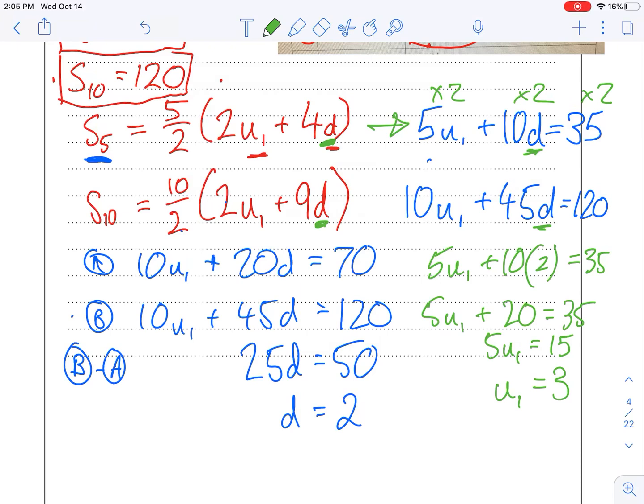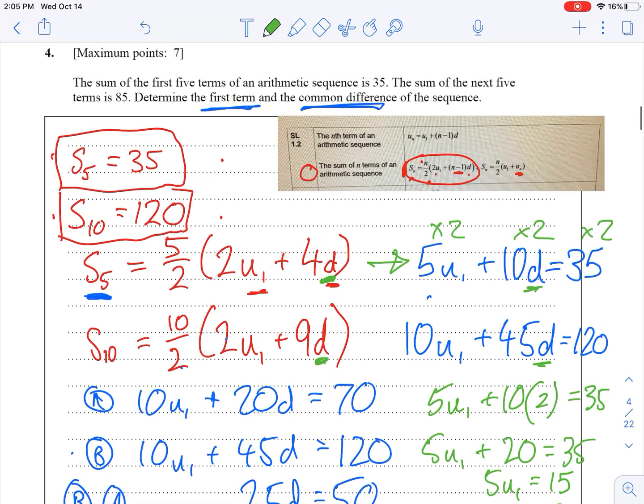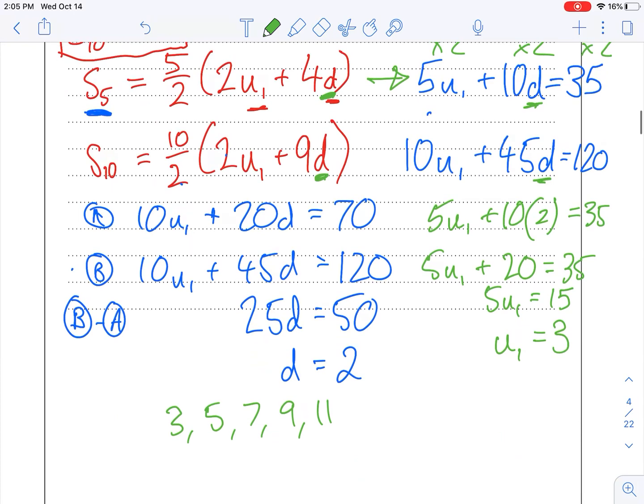And I suppose we could check that. We could write out a sequence going 3, add 2 is 5, add 2 is 7, add 2 is 9, add 2 is 11. All of that adds up to the first 5 terms added up to 35. So let's try 8 plus 5, that's 15, 24, 35.